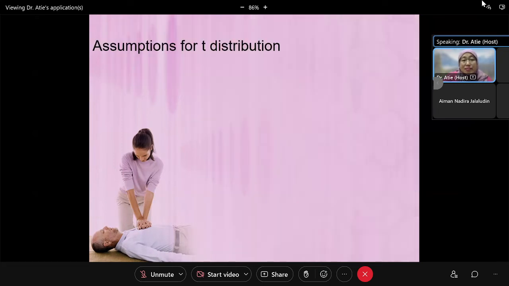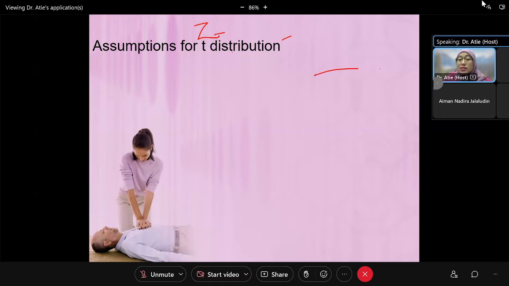So before this we learned the z distribution for big n, and today we are going to learn the t distribution. The characteristics are almost similar to the normal.